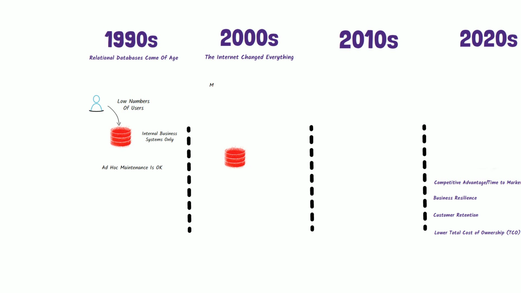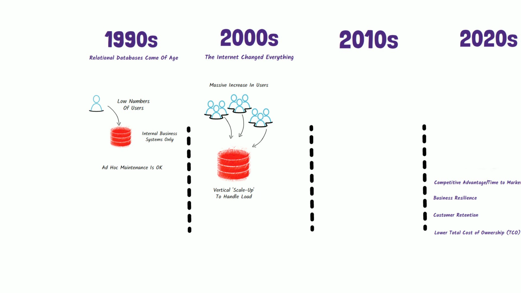Systems and applications became exposed to external users. Thousands of users, maybe hundreds of thousands of users, started to access systems that were made available by organizations. In order to respond to that, applications and database servers adopted a vertical, scale-up strategy.